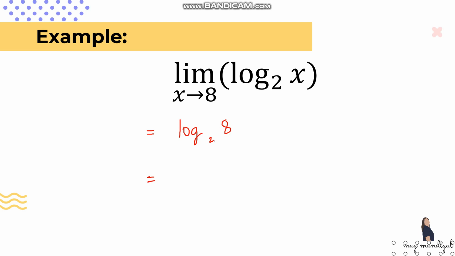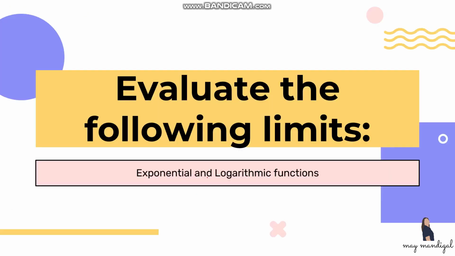In logarithms, we are identifying what exponent we are going to use on the base so that we will arrive at the argument, which in this case is 8. So the answer here should be 3. When we raise 2 to 3, we get 8, which is the argument. Therefore, the limit of this function as x approaches 8 is equal to 3.